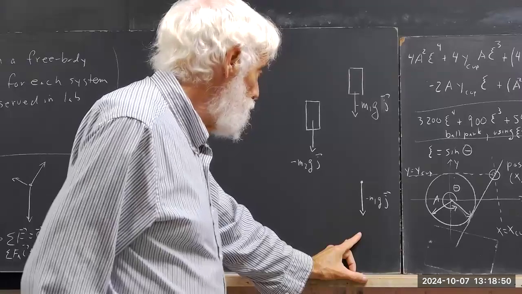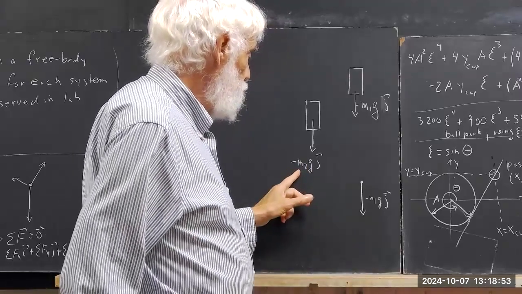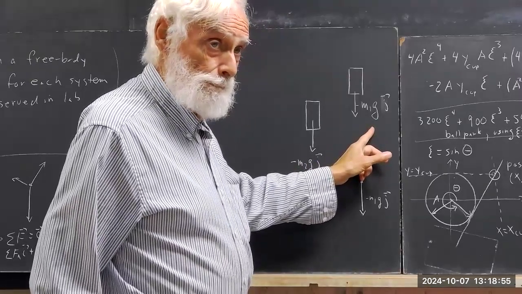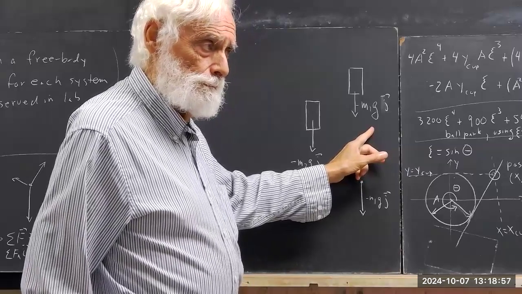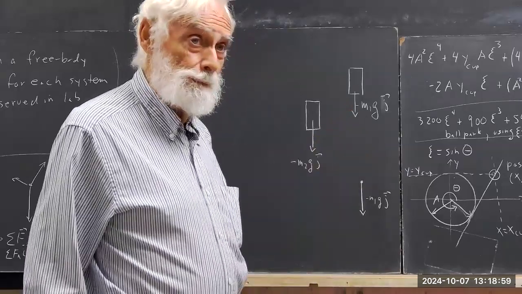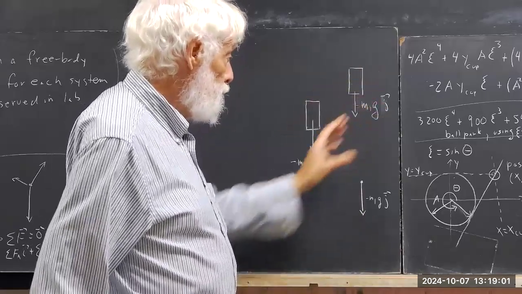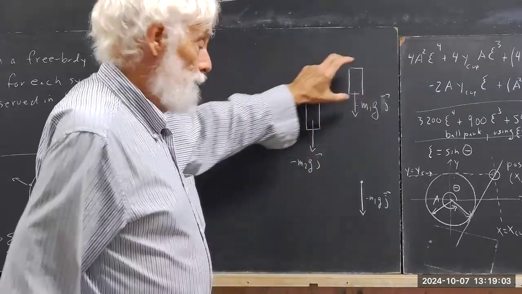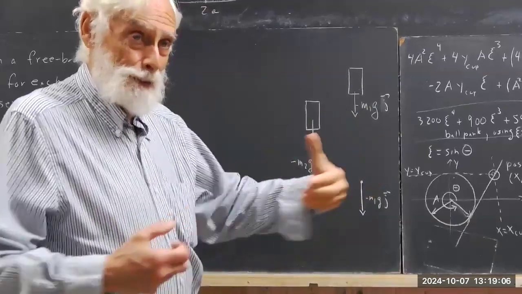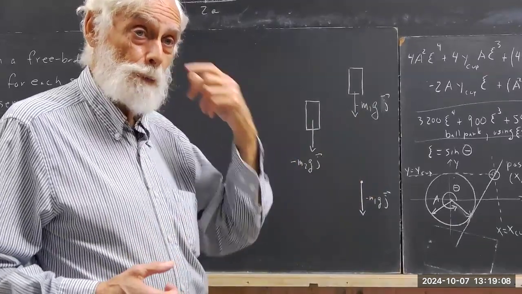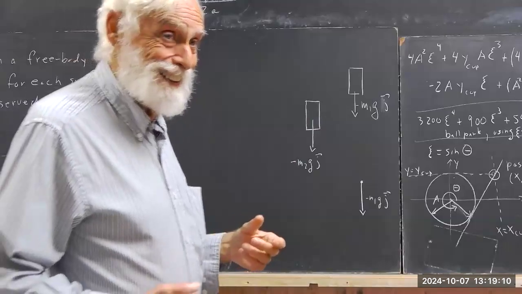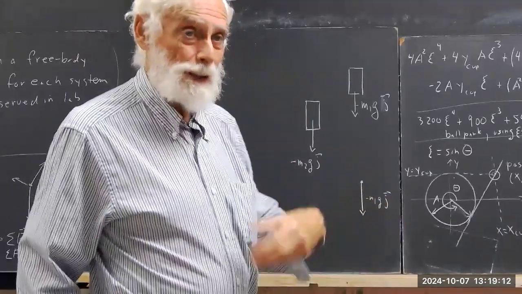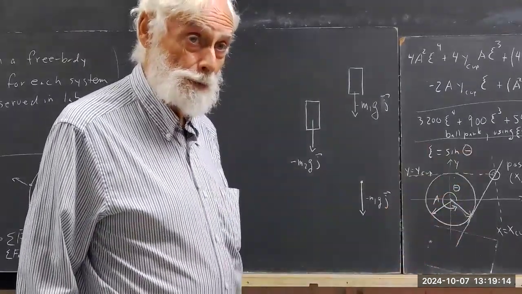Well, some people think this weight is exerting a force on this weight. No, this weight isn't touching this weight. There's no action at a distance here. Like this isn't a magnet, and this is a magnet. If it was, then you would have a magnetic attraction, and boy, that would be fun. That's too complicated. It's more complicated than anything we do in this course.